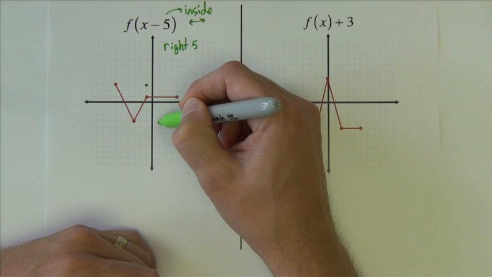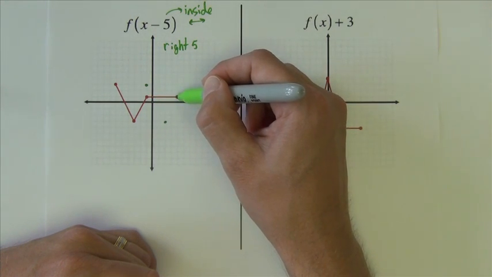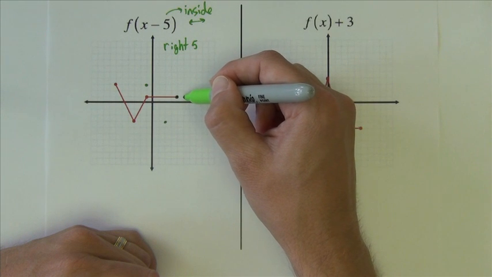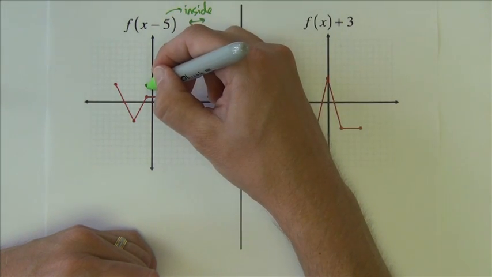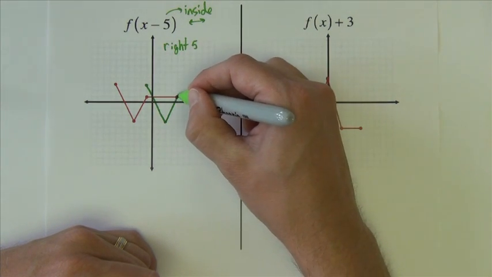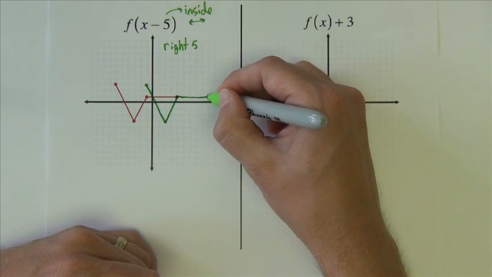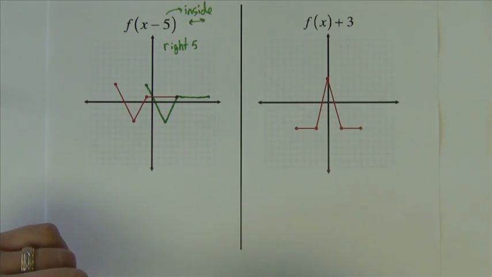I do that for each point, and I can connect them once I've plotted them all out. There's my new graph. We can see it definitely looks like the original. It's the same size, the same shape. It's just in a different location.